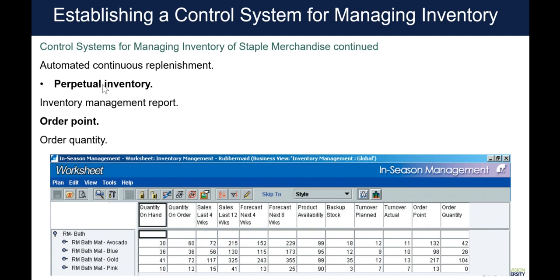So when we look at these control systems now, one of the things that a lot of companies have done is they've moved to this automated replenishment called perpetual inventory, right? And this is really something, when I was working for Walmart, that I was in charge of back in the early 1990s, converting our store to a perpetual inventory management order system.